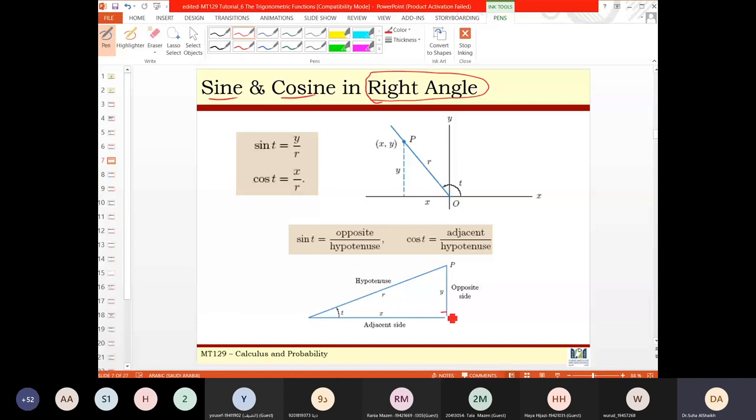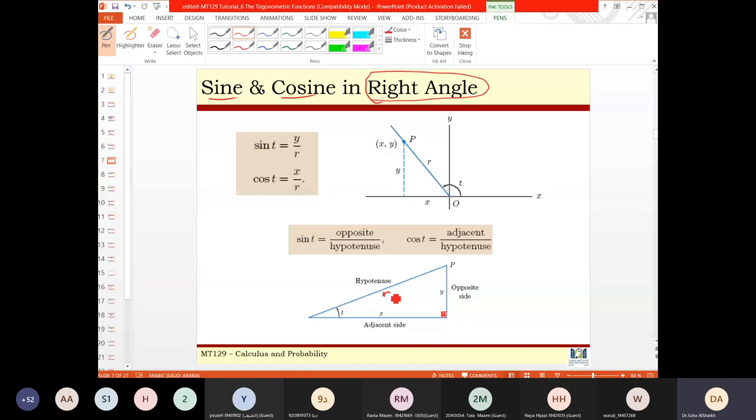Whenever you have a right angle triangle like the one that you can see here in the picture, we have what we call the hypotenuse. Does anybody know what hypotenuse means? In Arabic, what does hypotenuse mean? The wtar. Excellent. The hypotenuse is the side opposite to the 90 degree angle.